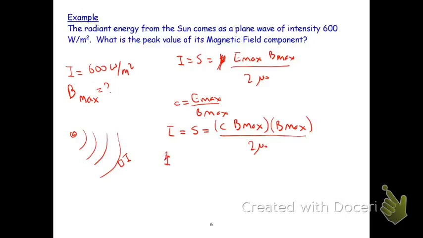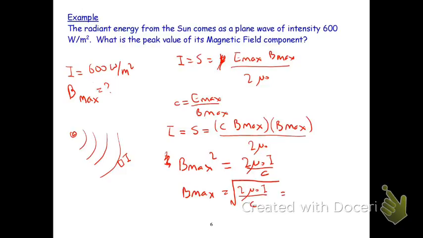So now I want to find my B max. B max squared is equal to 2 mu naught I over C. So B max is equal to the square root of 2 mu naught I over C, which equals 600 times 12, that's 1200, over 3 times 10 to the 8 times mu naught, and you're going to square root it.